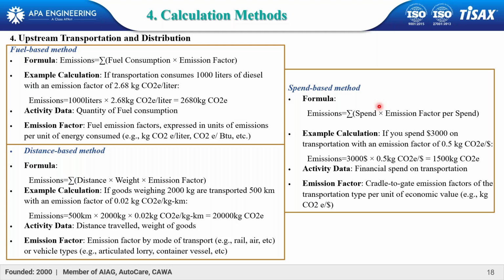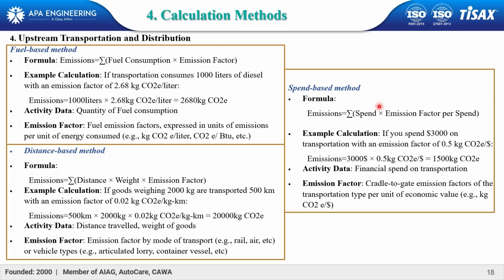So here the activity data required will be the distance traveled and the weights of the goods. These emission factors include the emission factor by the mode of transport, by the different types of transport the company uses to transport the raw material to the industry.